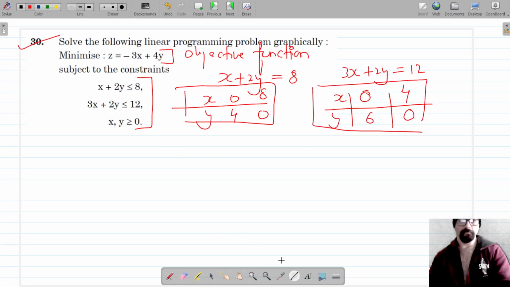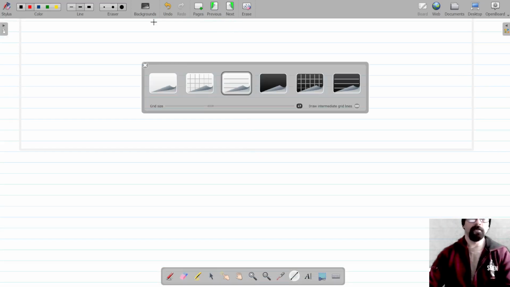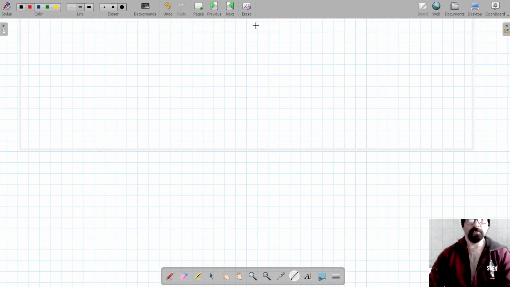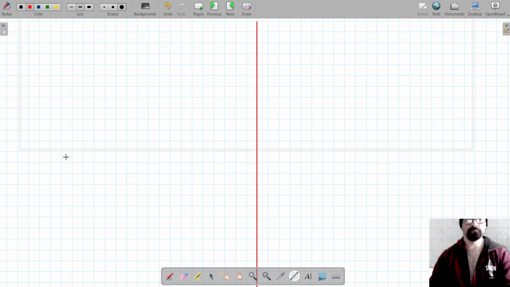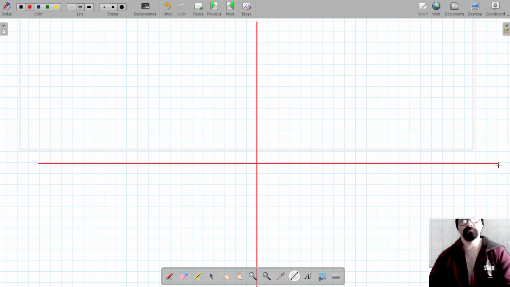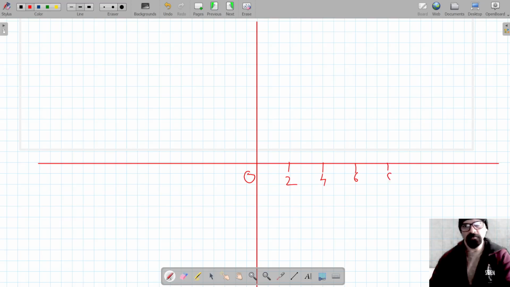Okay, let's plot the graph, and let me get the horizontal and vertical grids. I'm going to take the scale of 2. So this is 0, 0. Let's say this is 2, this is 4, this is 6, and this is 8.